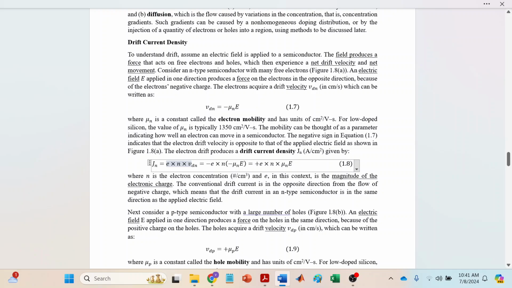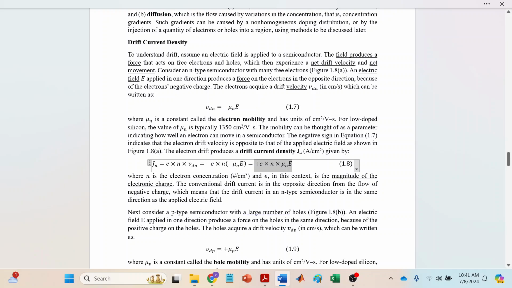As a result of the electron being negatively charged, the drift current density is given by this equation here. So this is the case for the n-type semiconductor, that's for the free electrons.